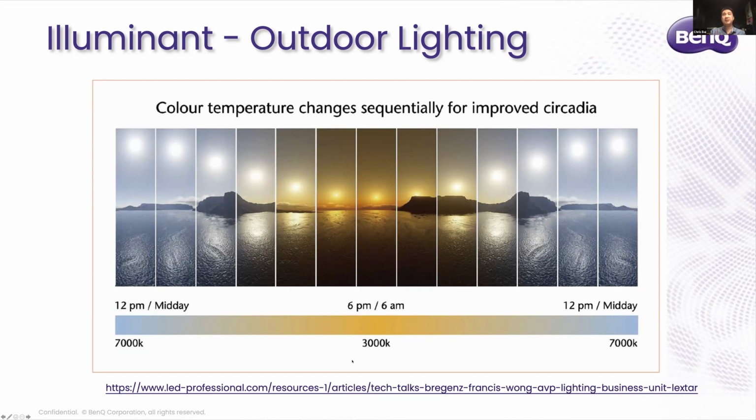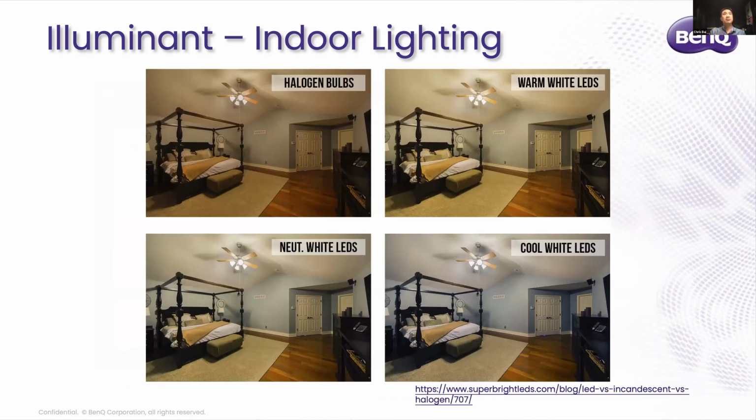The illuminant is not consistent, but our eyes are adaptive, so our vision system also changes a lot. Indoor lighting also changes, with different varieties of illuminants as well. For example, halogen bulbs will produce a warmish feeling for the household, but cool white LEDs will always have a bright, awakening feeling for the house.